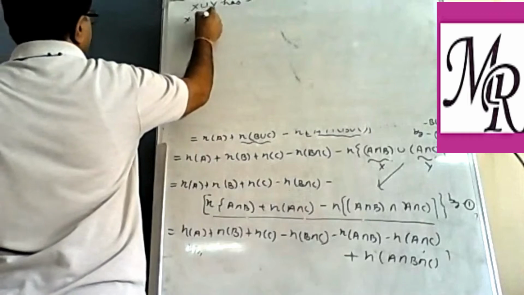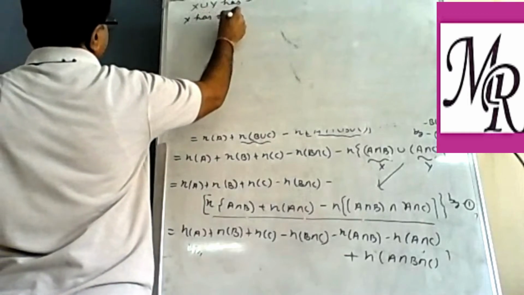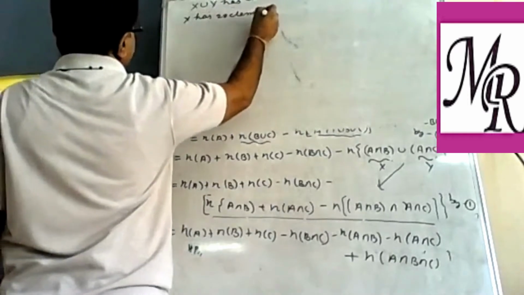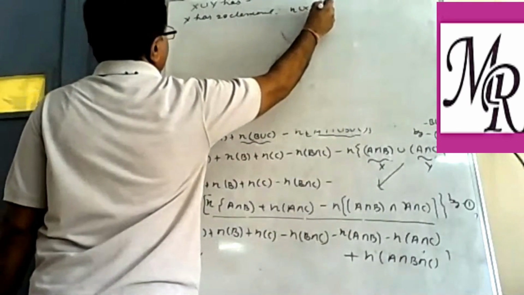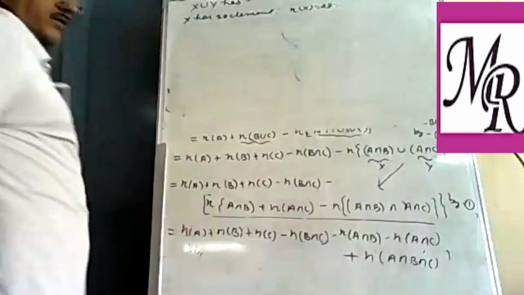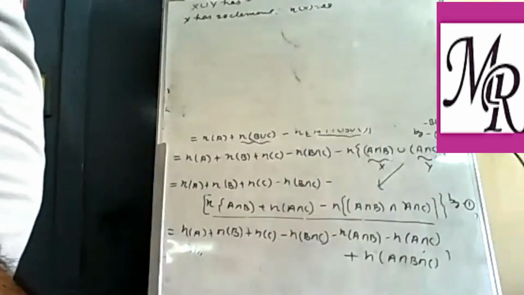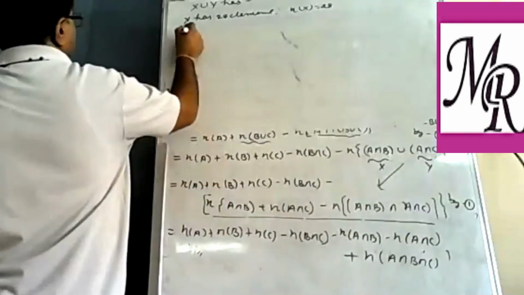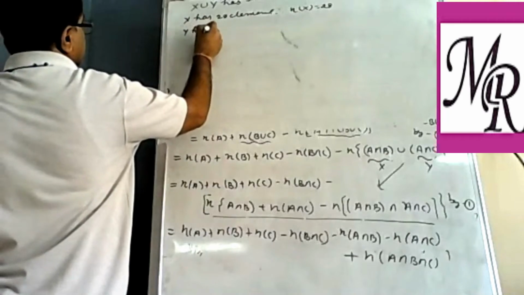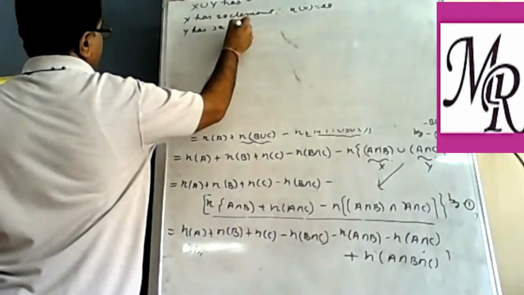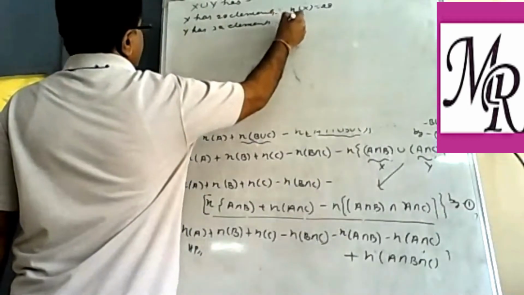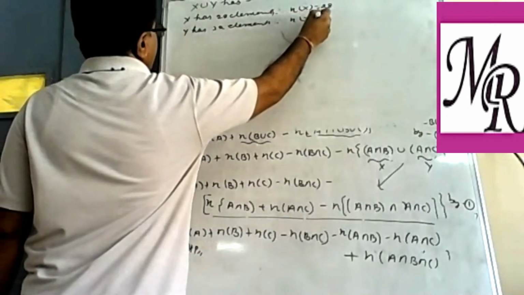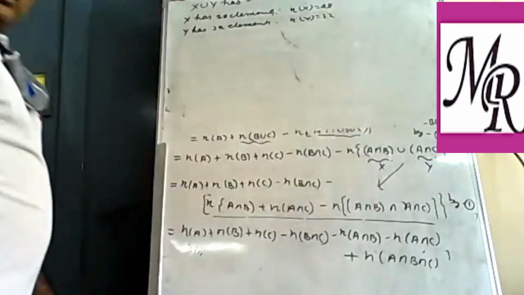X has 28 elements, that is the number of elements in X equals 28. And Y has 32 elements, so the number of elements in Y equals 32.